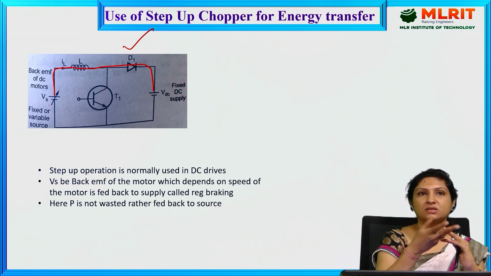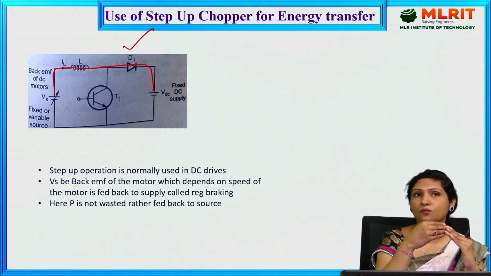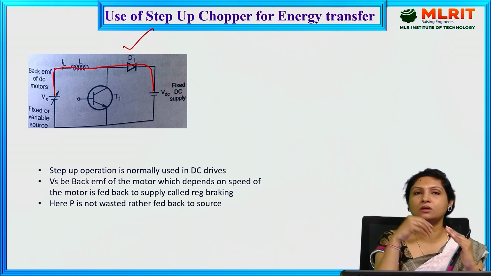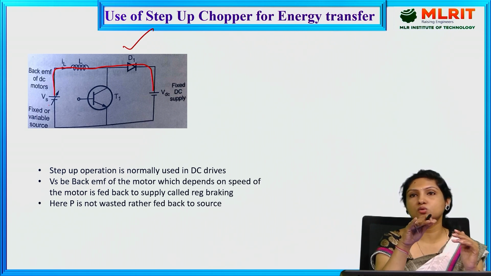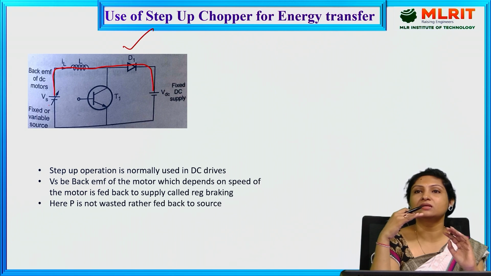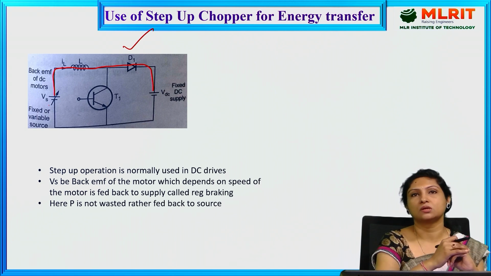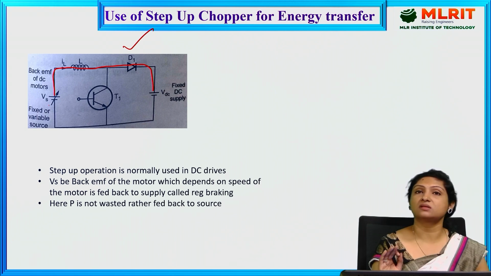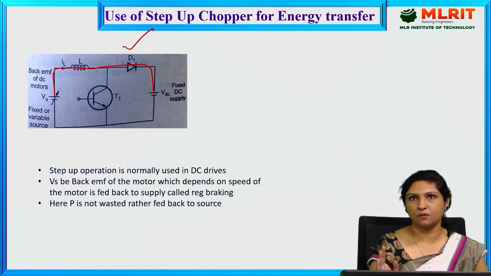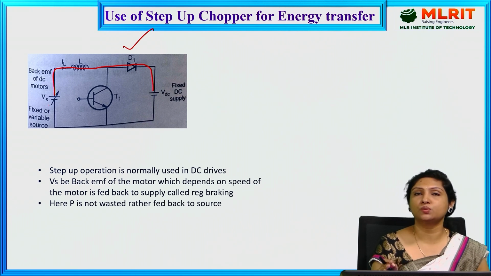The speed which is required will be usually less. So whatever energy is stored in this particular back EMF of the motor will be supplied right back to the supply. So here energy is not actually wasted, rather it is fed back to the source. So that is a practical application of this step-up chopper, and it is usually used for energy transfer purposes.